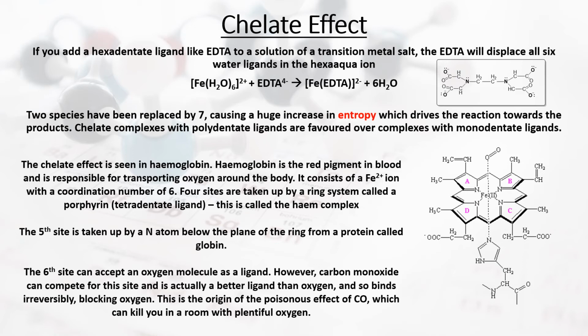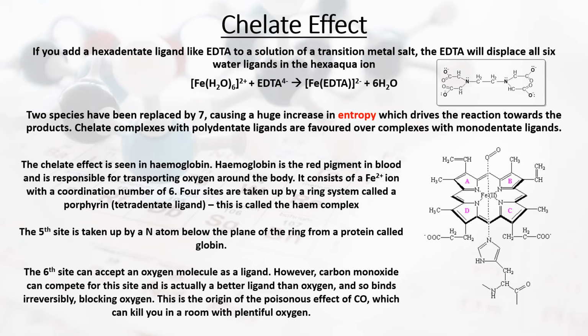So if I add a hexadentate ligand like the EDTA 4- to a solution of a transition metal salt, the EDTA will displace all 6 water ligands from the hexa-aqua ion. So the example could be that we take our iron hexa-aqua ion, Fe(H2O)6 2+ ion. Remember, the water molecules are neutral overall, so they don't affect the charge on that iron atom.